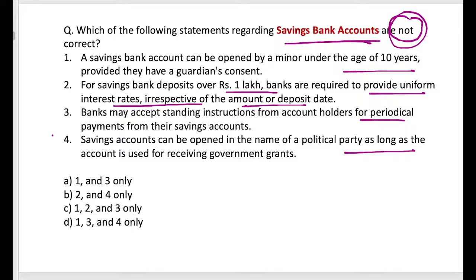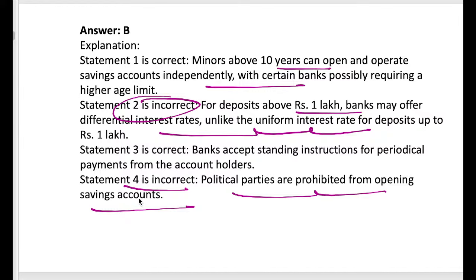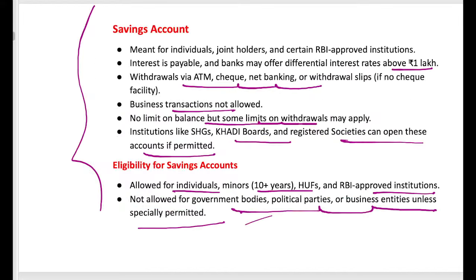Okay, so political parties are prohibited from savings accounts, and the other, this is true, this is also. The bank, they can decide, okay, there is no mandate from RBI regarding this uniform rate of interest, you know, right? So option B will be the right answer for this particular question. Very good.